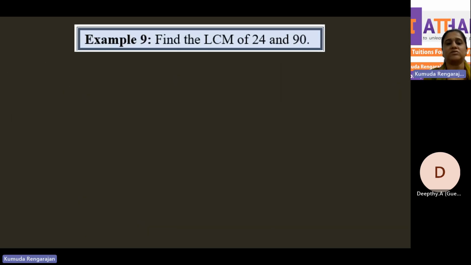You will complete this. Take down this question. Find the LCM of 24 and 90. From 7:15 to 7:45, along with the other questions, you will have to also work this one.